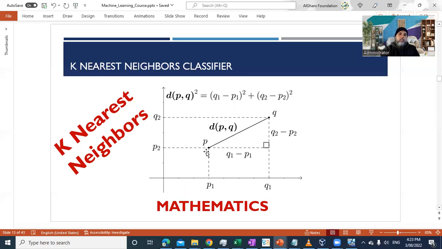Right, now we do the same thing on the vertical line. If we drag the line all the way to the y-axis, we call it point P2. And if we drag the point Q similarly all the way to the y-axis, we call it Q2. Right, so that's a very simple one.